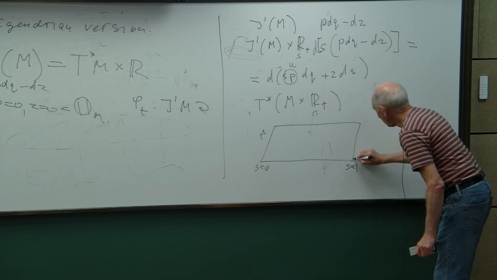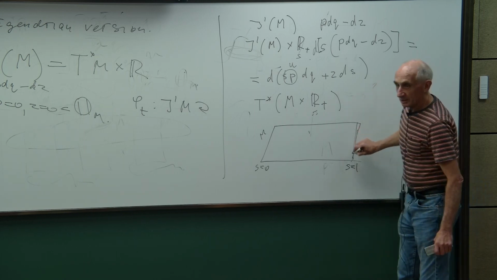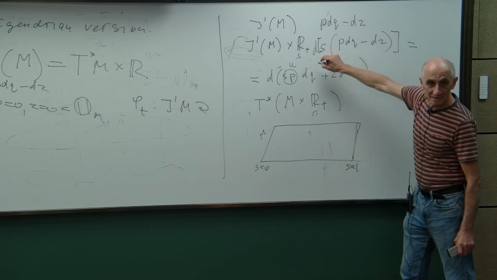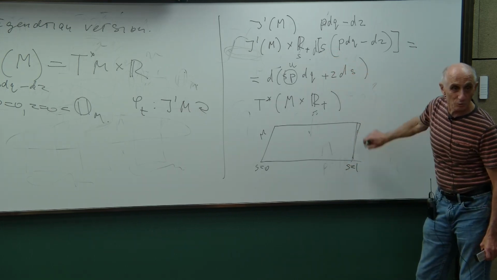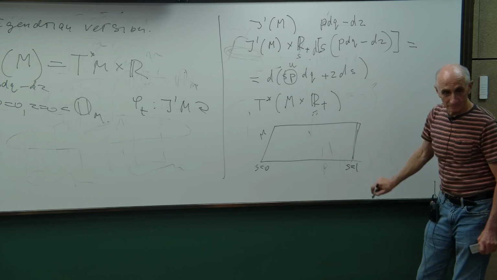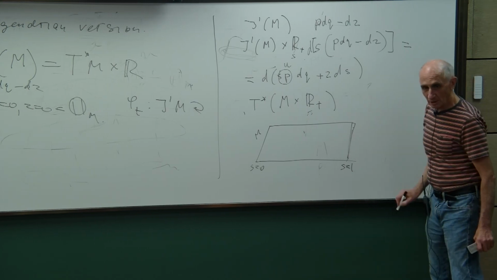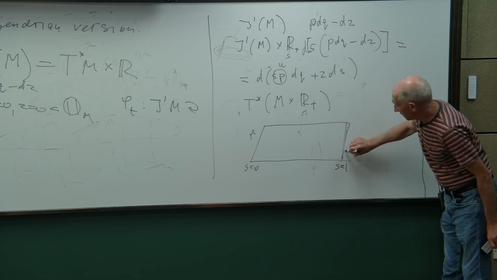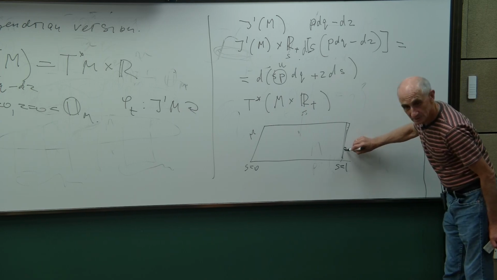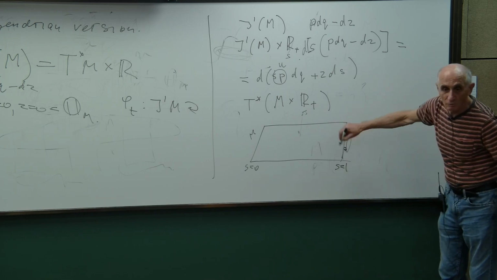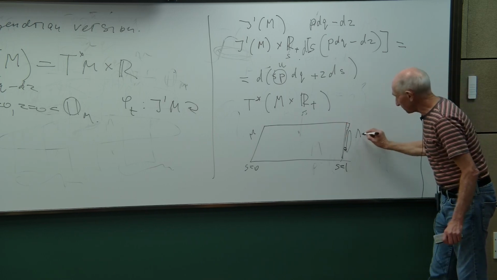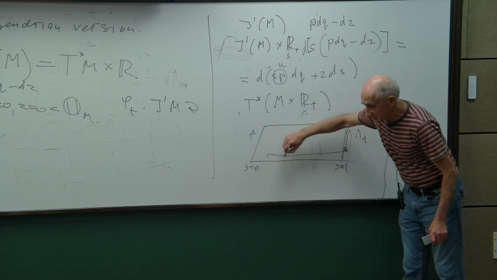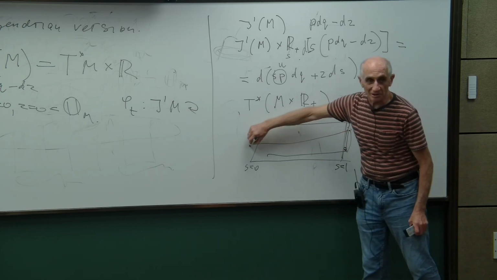And our contact manifold M sits in this identification over S equal to 1. Over S equal to 1 we have our Legendrian sitting, say the moving Legendrian, call it Λ_t. And this Legendrian gives us this Lagrangian cylinder.